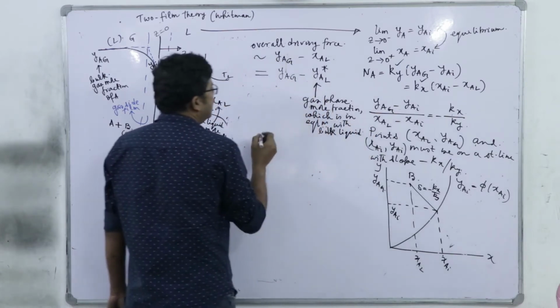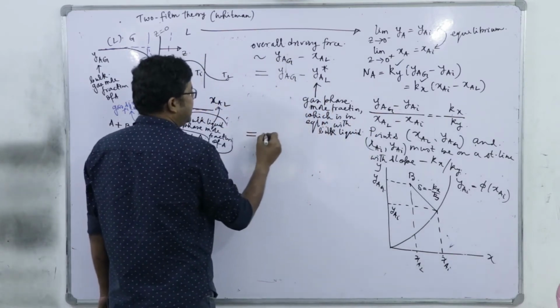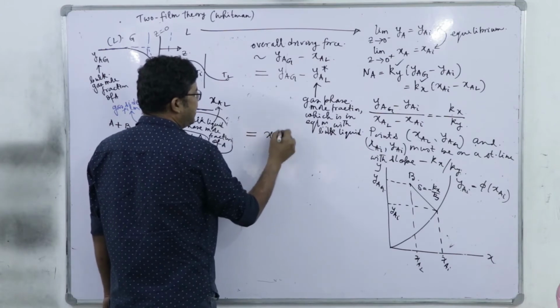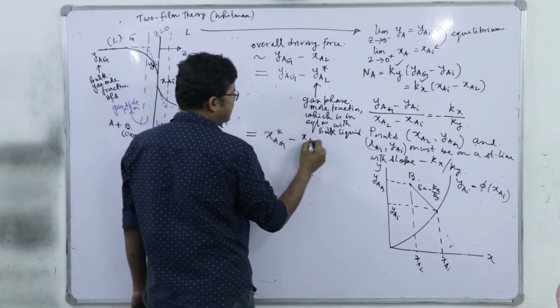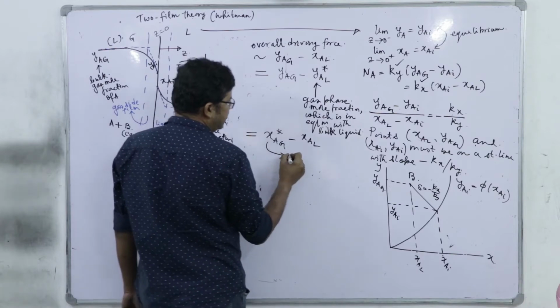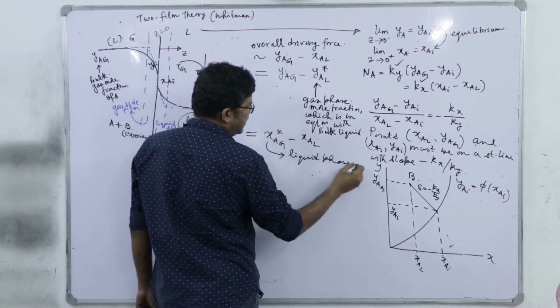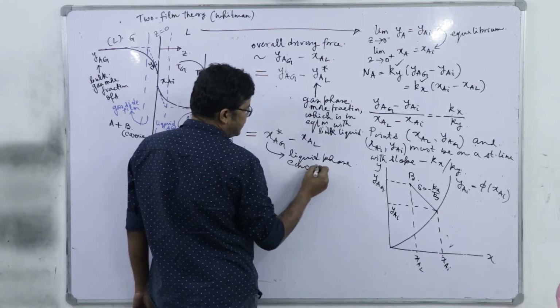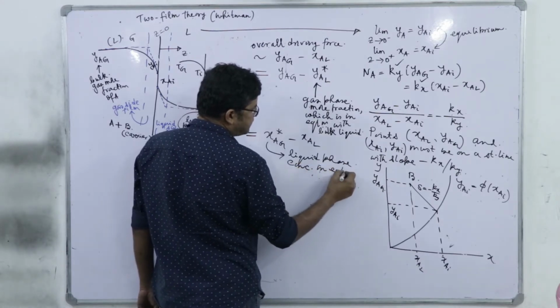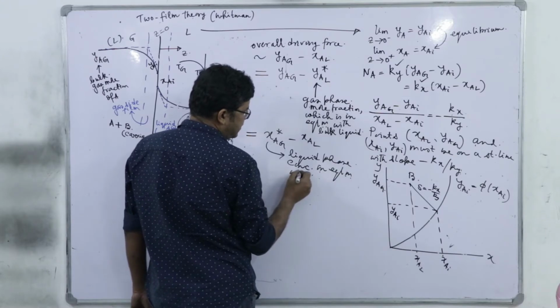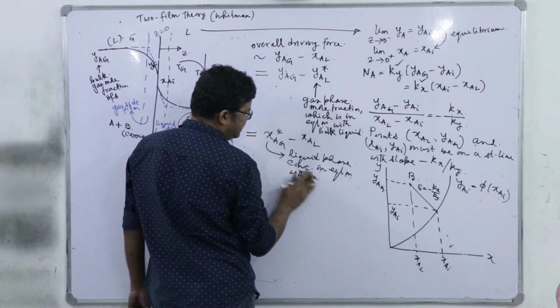Or alternatively, we can write it as Xag star minus Xal, where this is the liquid phase concentration in equilibrium with the bulk gas phase.